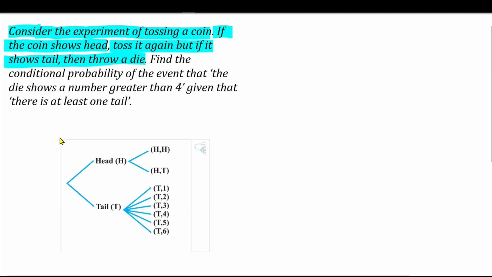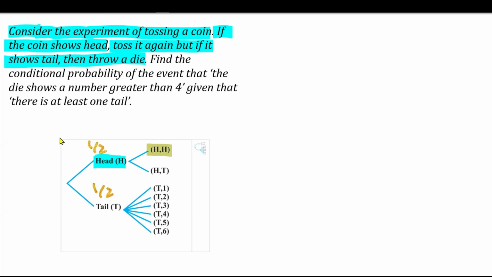Now, first of all, when we throw a coin, there are two possibilities. One is head and the other is tail. As you know, the probability of getting a head is 50%, that is half, and half for tail as well. If you get a head, we have to throw it twice.